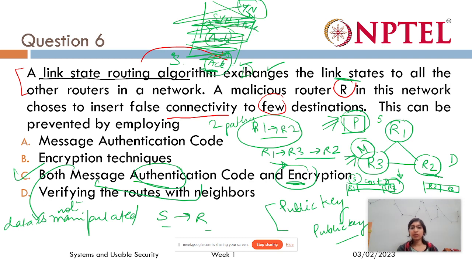It is just to understand why the authentication should be there, so that the data is not manipulated in between by some intermediate router and sent to some wrong destination. For that purpose I gave you this example. Please do not confuse yourself with this.